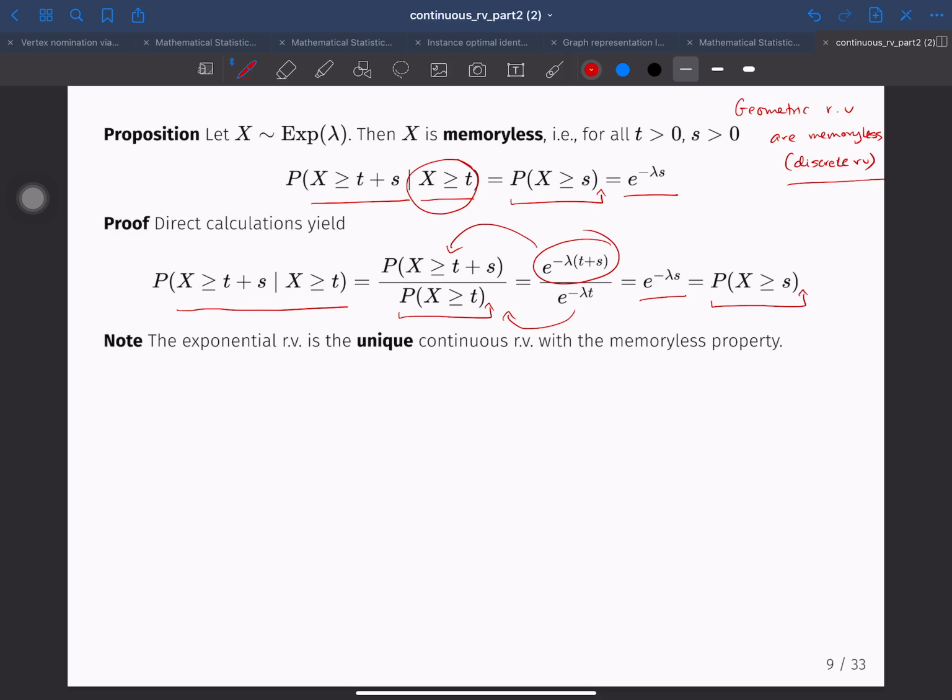You can show, with a slightly more complicated argument, that the exponential random variable is the unique random variable in the continuous case that has this memoryless property. If we recall, the geometric is the unique one in the discrete case. So that's why these two are very closely related.